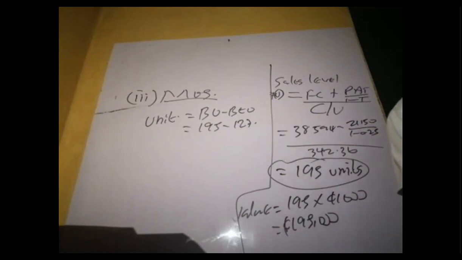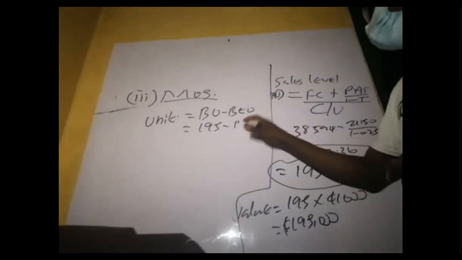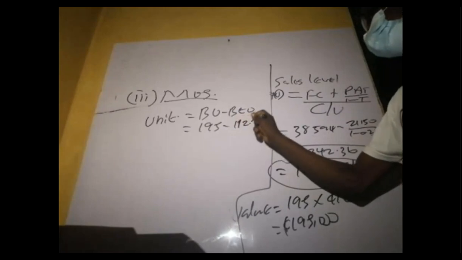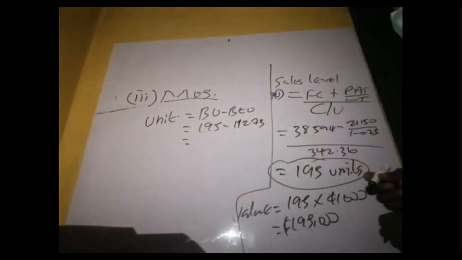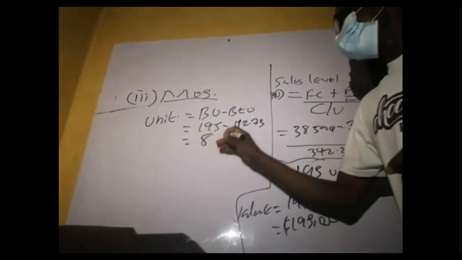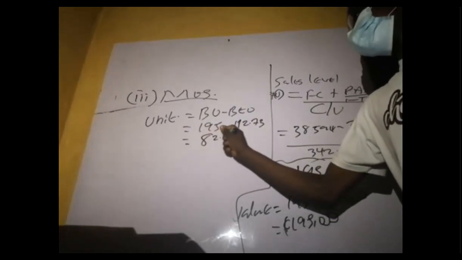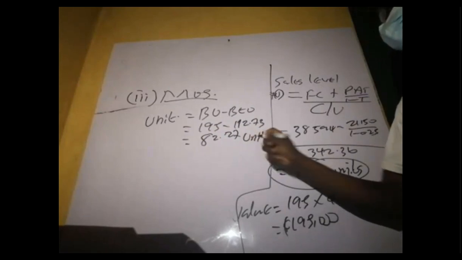Great. So the break-even unit is 112.73. So therefore, the margin of safety in terms of units will be 82.27 units. Perfect.